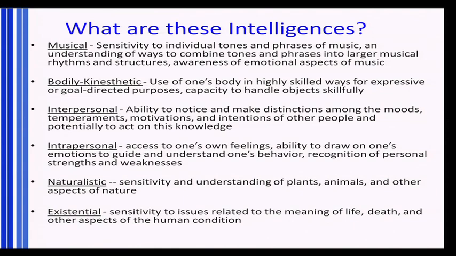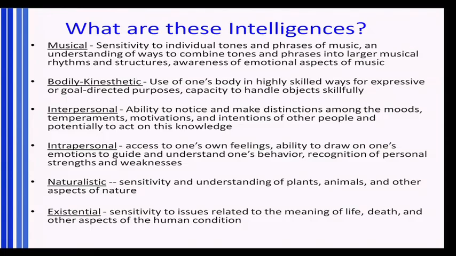But in terms of naturalistic intelligence, there are people who have natural abilities, like they are very sensitive to understanding plants, animals, and other aspects of nature. So, people who are fond of nature have the natural ability to make a good understanding of the nature that is prevailing around them.